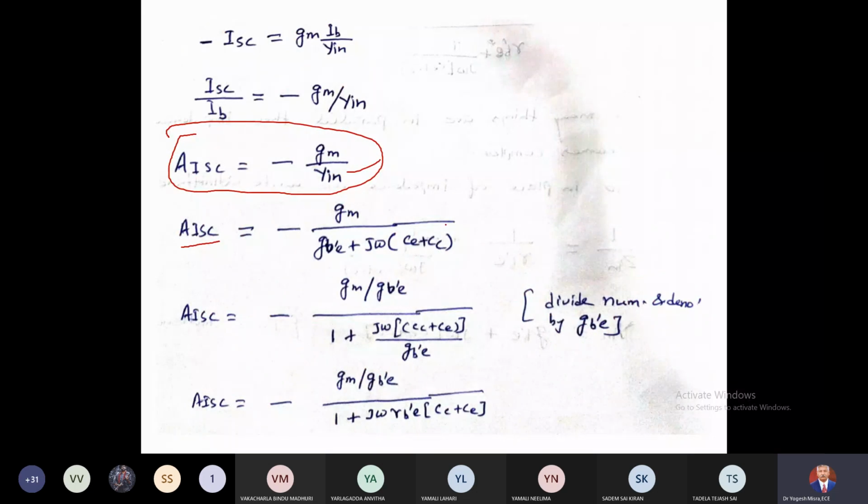So the short circuit current gain is minus gm divided by GB'E plus jω(CE+CC). Now numerator and denominator I will divide by GB'E here. So gm divided by GB'E, and in the denominator also, I will get 1 plus this term.